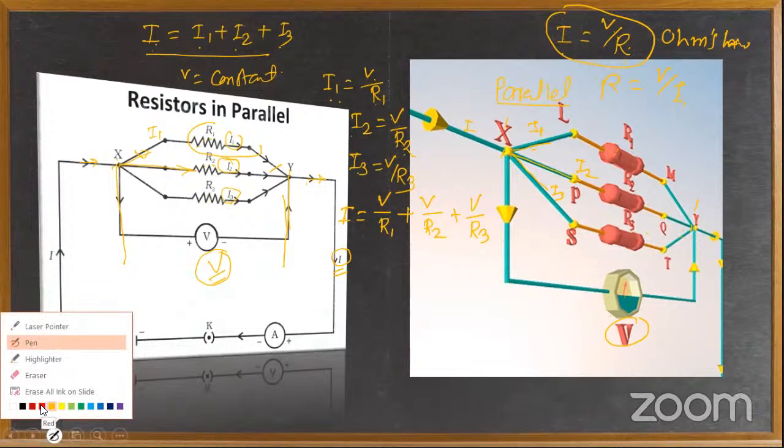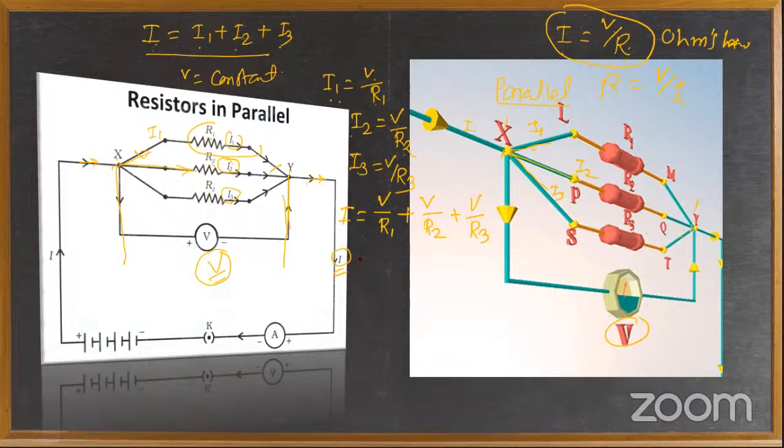Now my equation is like this: V upon R is equal to V upon R1 plus V upon R2 plus V upon R3. Now what I am doing, I am taking V as common out of this.